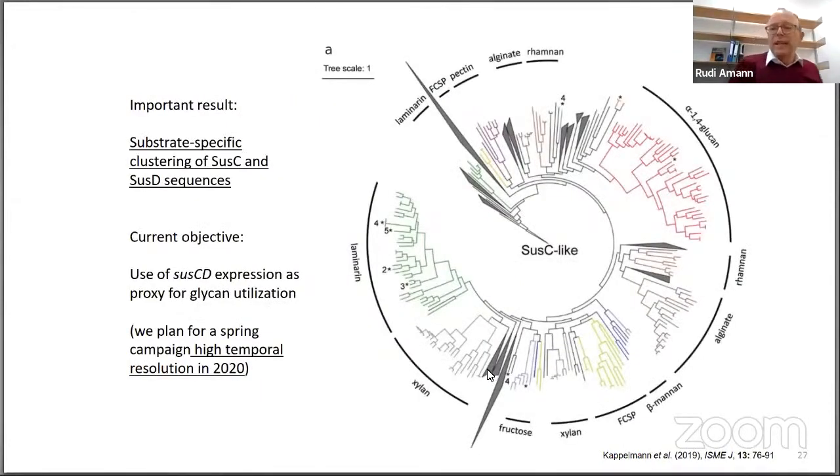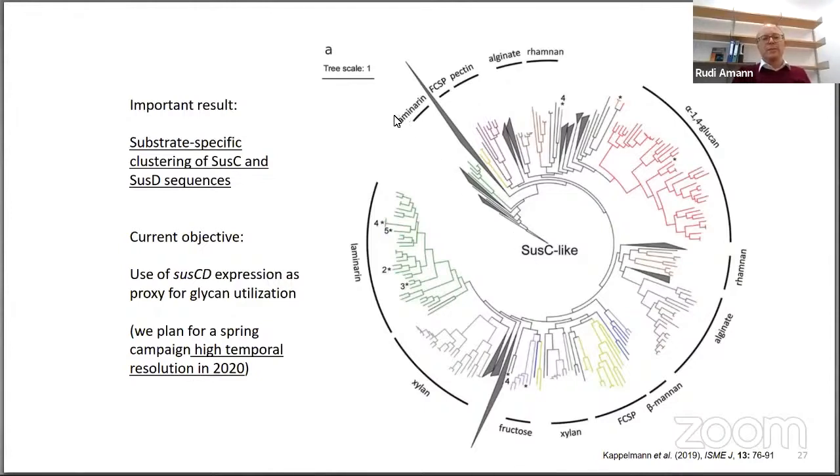The second thing that Lennart found out was if you were looking at the protein alignments of the transporters and looked at the predicted target molecules for those transporters, predicted based on the co-localization of other genes, then there was a clustering of the transporters according to the substrate.